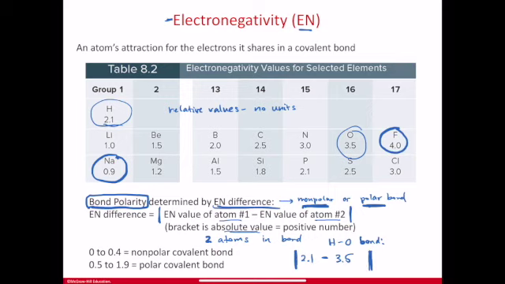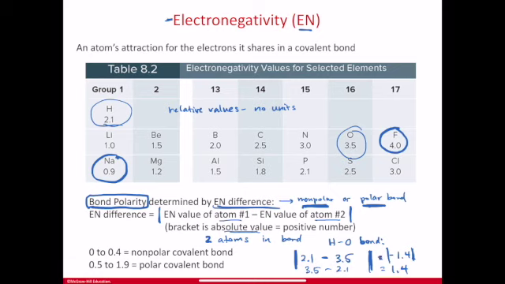Because of the absolute value, it doesn't matter that this comes out negative 1.4. Because of this absolute value, it's 1.4. You take whatever the value is and make it positive. So it doesn't matter if you had subtracted 3.5 minus 2.1, oxygen minus hydrogen or hydrogen minus oxygen. They're both going to end up 1.4.